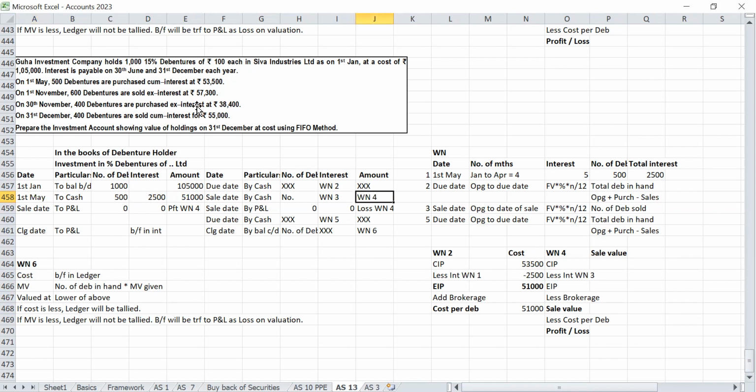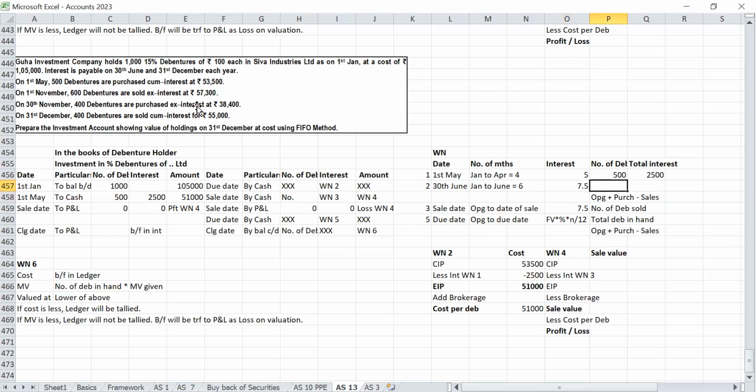Next, before 1st of November, 30th June you will have interest payment. Last payment date 31st December, so January to June, 6 months. So 100 into 15% into 6 by 12, 7.5.